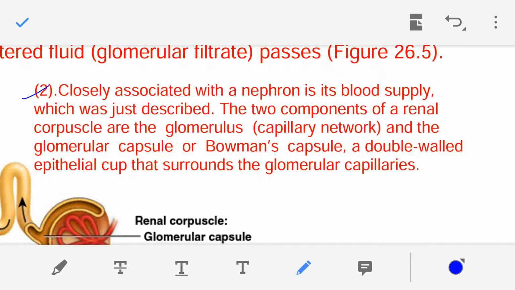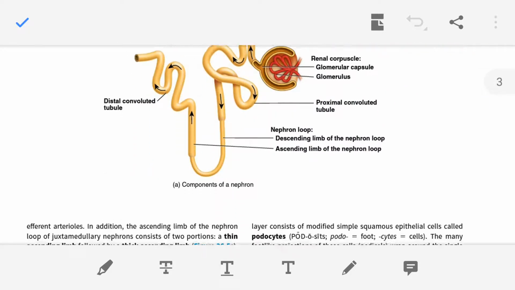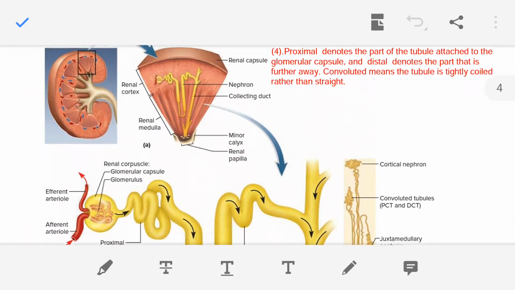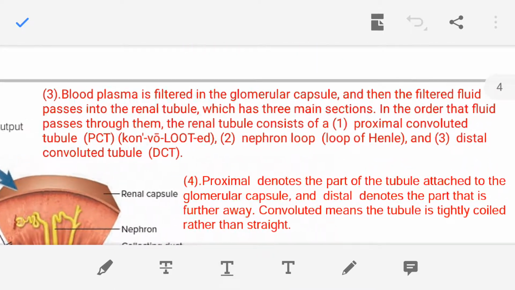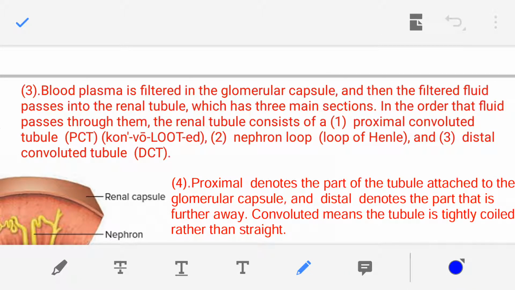Now we are moving on to the third point. Once the filtrate oozes out from the blood plasma, it comes out into the glomerular capsule, and then this filtrate enters into the renal tubule.